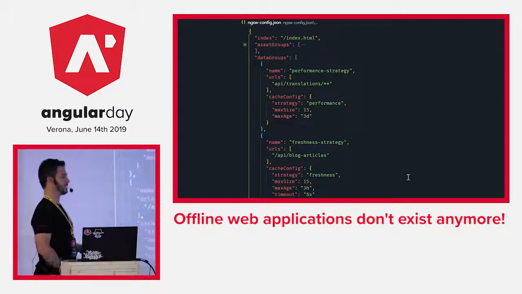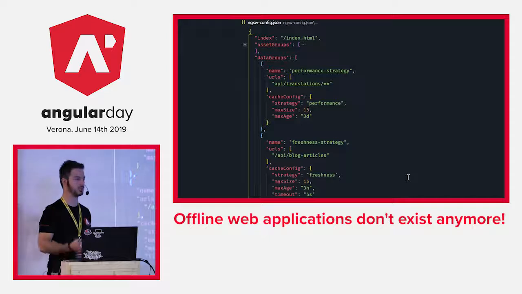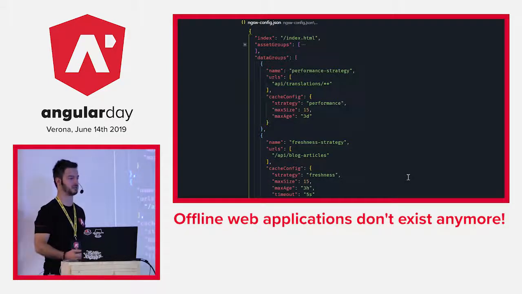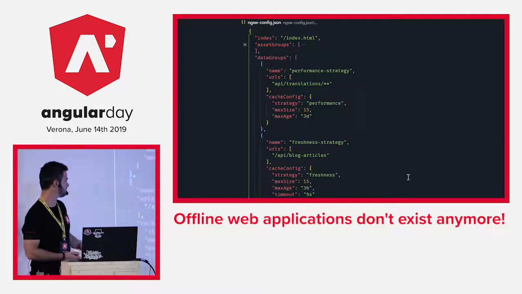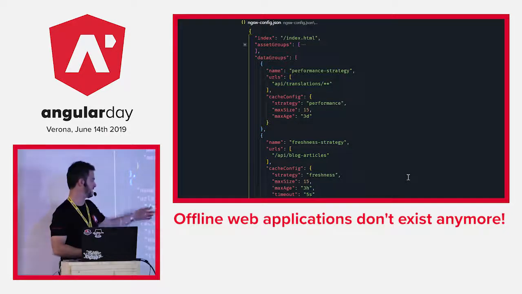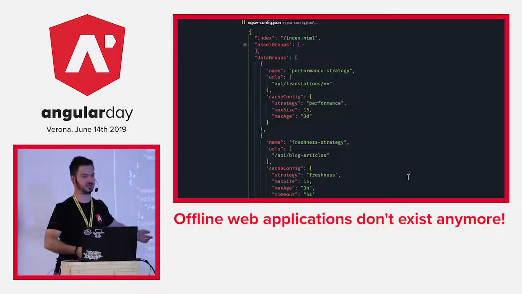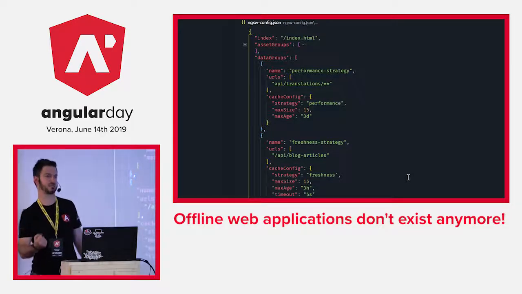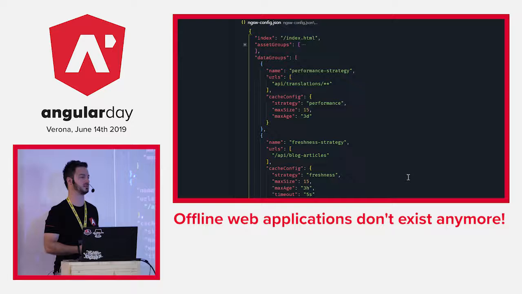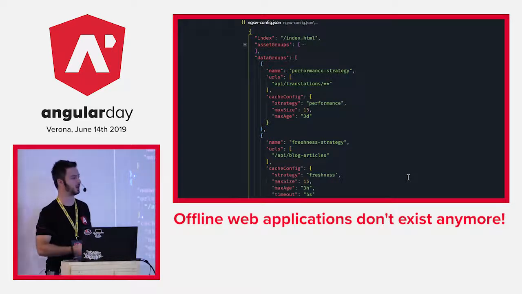On the other side, we can imagine we have a website blog and we want to provide our users always the latest articles, the latest blogs that are being published. Because of this, we can define another API with the strategy freshness. With this, every time the user accesses this API, if online, we always get the latest and greatest articles.